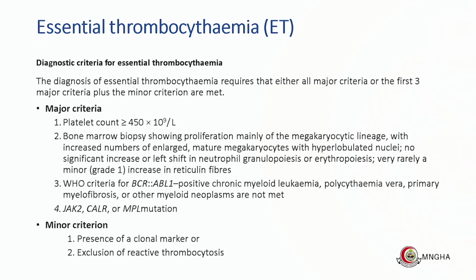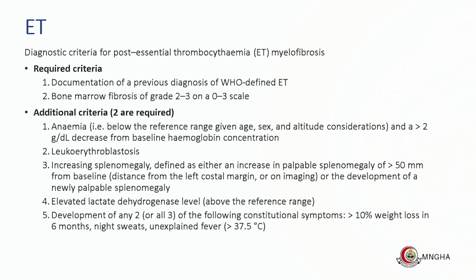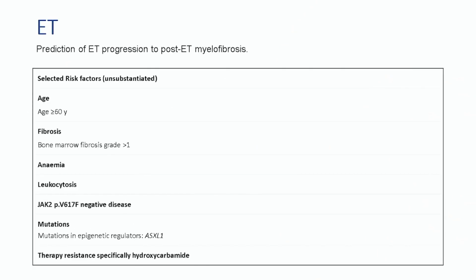For diagnosis of essential thrombocythemia, or ET, the diagnostic criteria are almost the same. Also, the diagnostic criteria for post-essential thrombocythemia myelofibrosis are similar to the last edition. They explained more on the prediction of myelofibrosis post-ET, thrombosis with ET, and transformation to blast phase ET.